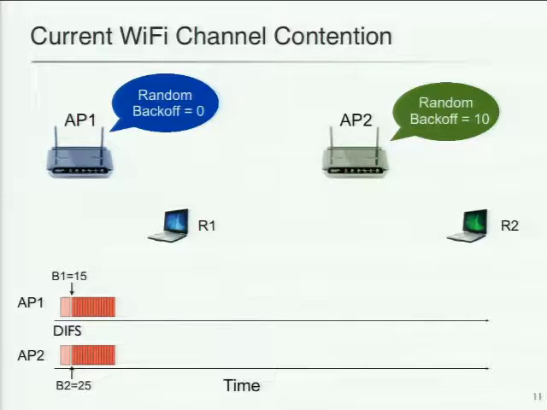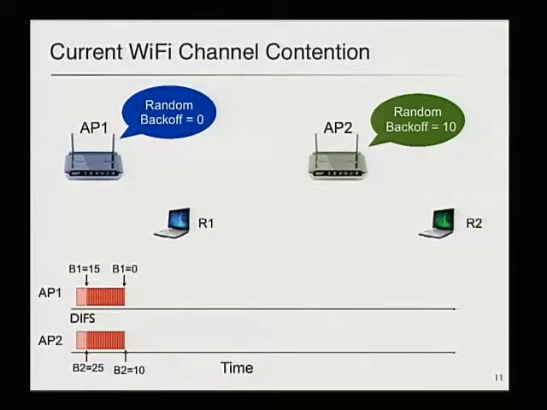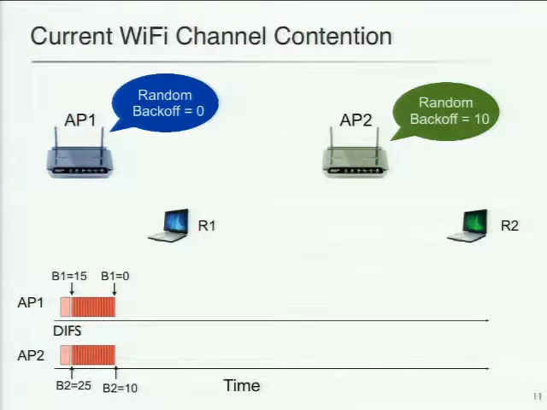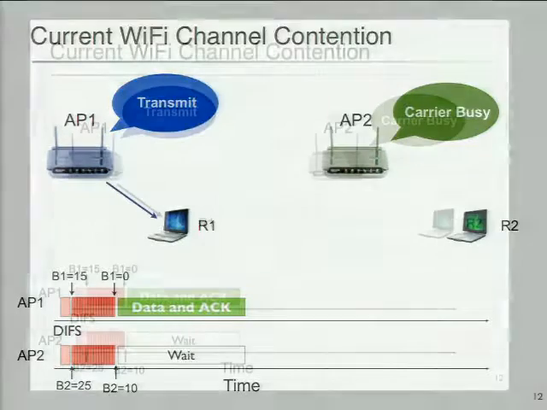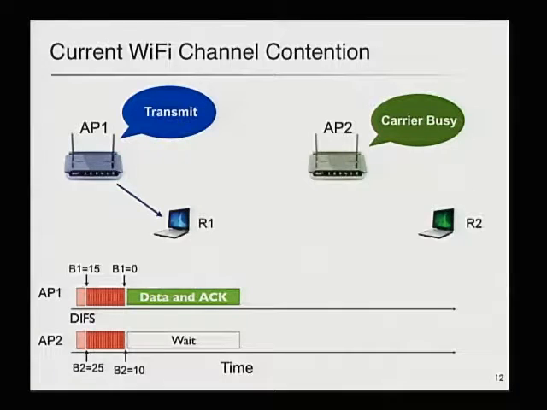AP1 has a lower number than AP2, and hence it will hit 0 before AP2. It will know that it's the winner, and it will go ahead and transmit its packet. While AP1 was transmitting, AP2 will sense AP1's transmission and freeze its backoff value at 10.